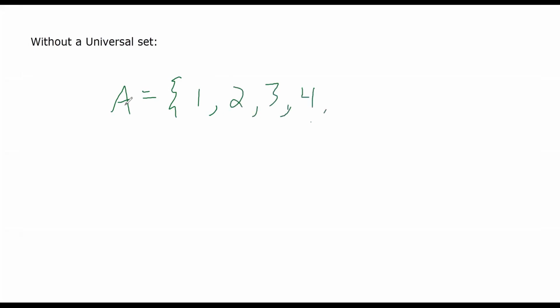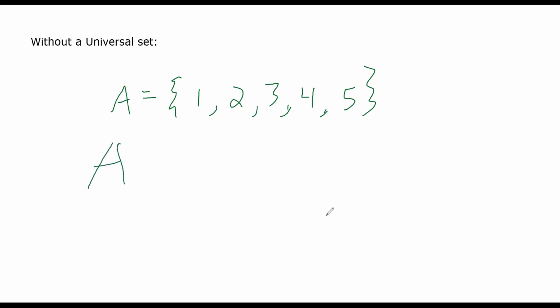Without a universal set, let's say you had the set A, and it was the first 5 whole natural numbers: 1, 2, 3, 4, 5. That's your set A. It's nice and clean. But you haven't defined a universal set. You're tempted to say the universal set should just be the natural numbers. That's all you're talking about. But we're not defining a universal set.